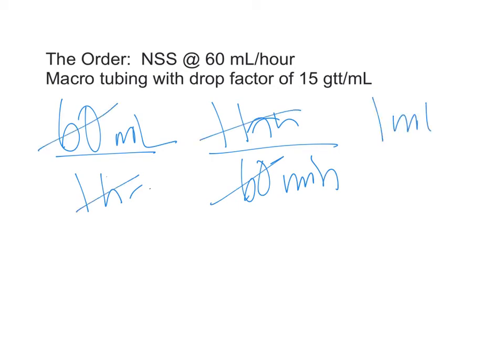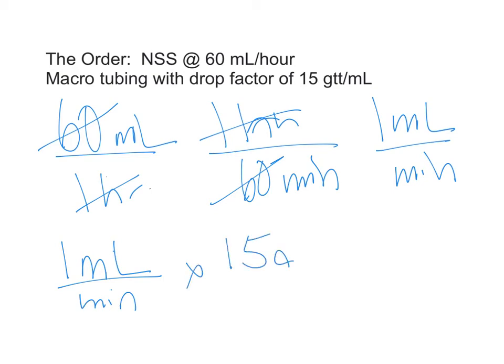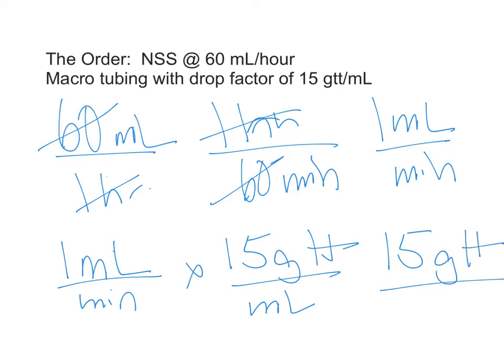We have 1 ml per minute. 1 ml per minute with a 15 drop set is 15 drops per minute. Okay, so I know I went through that pretty quickly, but I think everyone should be catching on at this point.